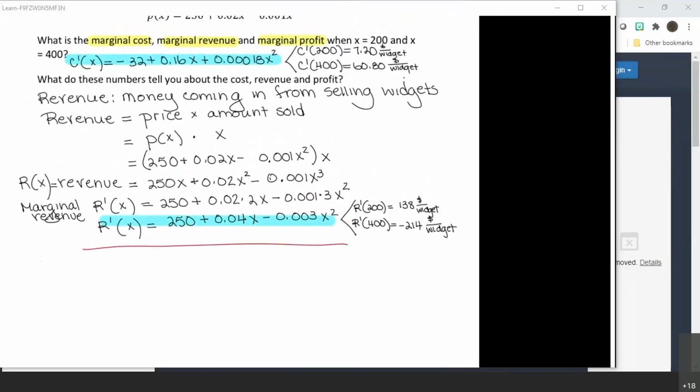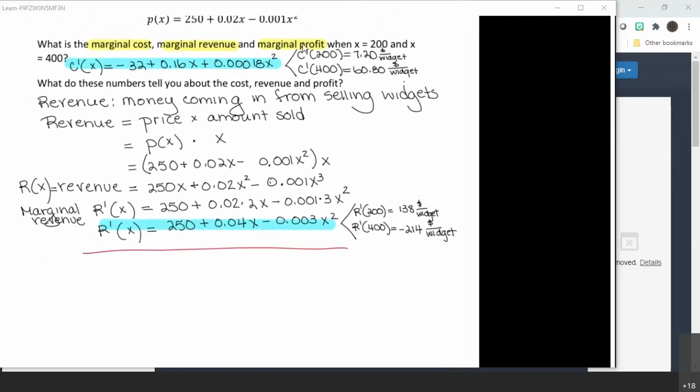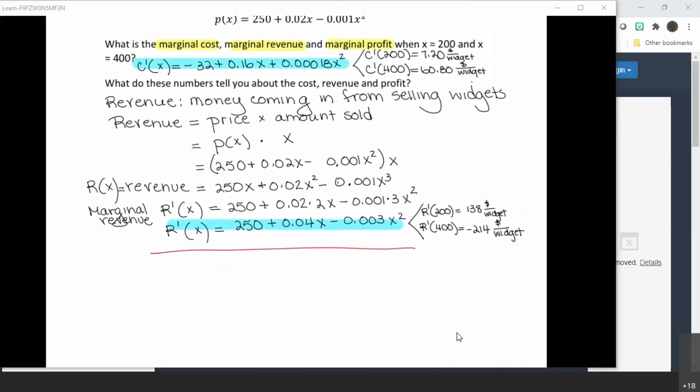So it looks like as I go from making 200 to 400, my cost goes up significantly. And look at what happens to the revenue. The revenue drops. Now, what they asked you also was to find marginal profit.